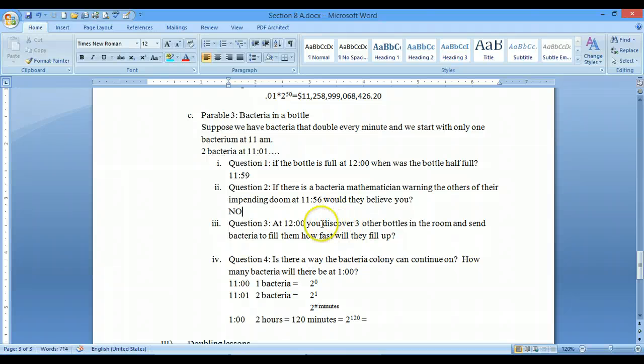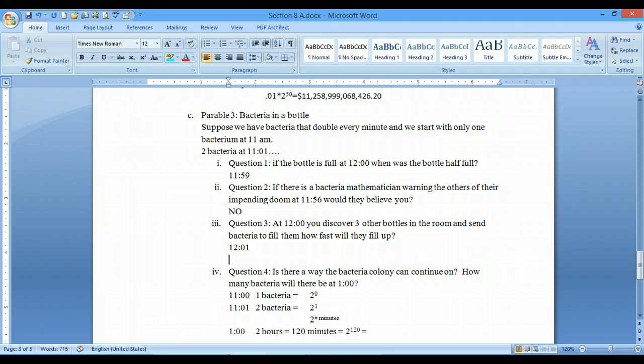Question 3. At 12 o'clock, you discover 3 other bottles in the room and send bacteria to fill them up. How fast will they fill up? So at 12:01. Well, at noon, it was 1 full bottle, so the next minute will be 2 full bottles, or using up 1 of your extras.